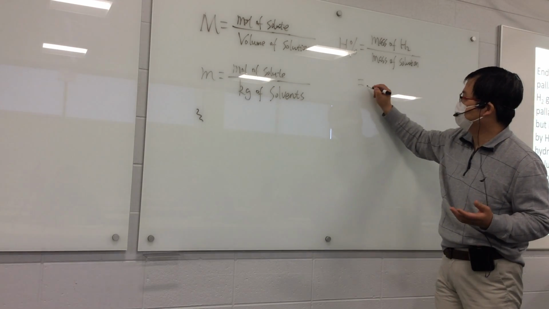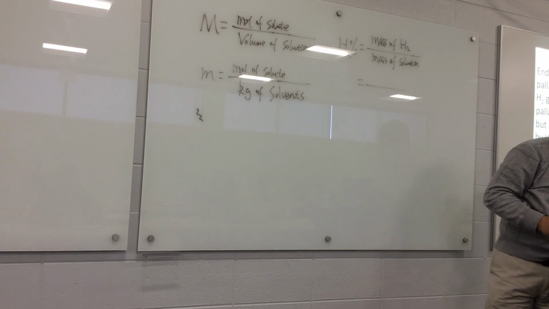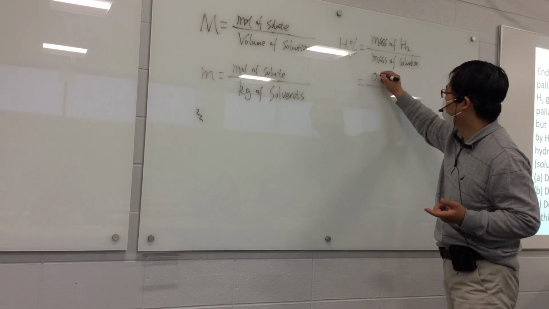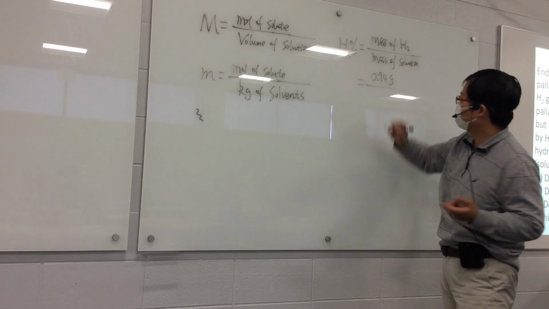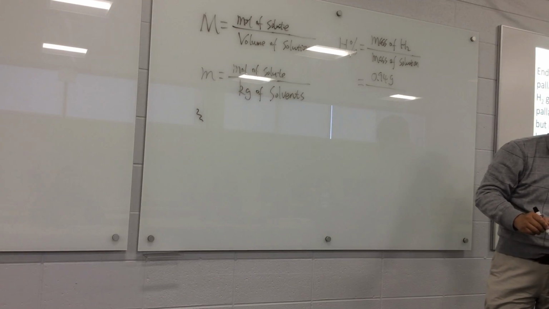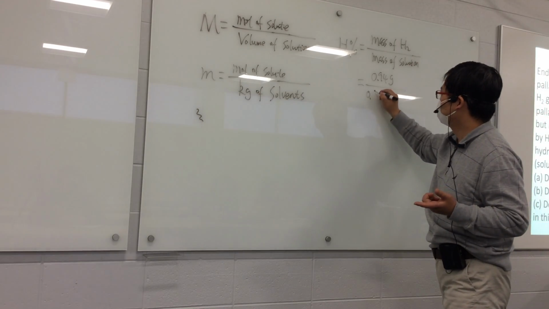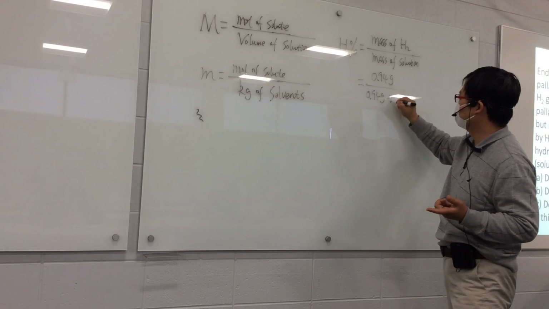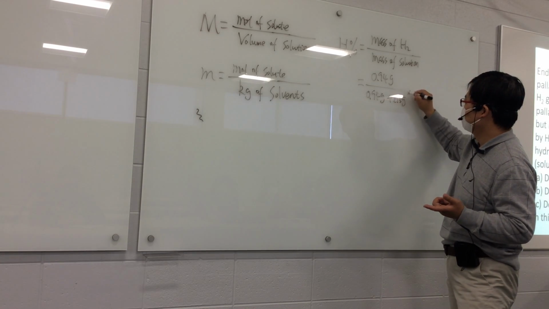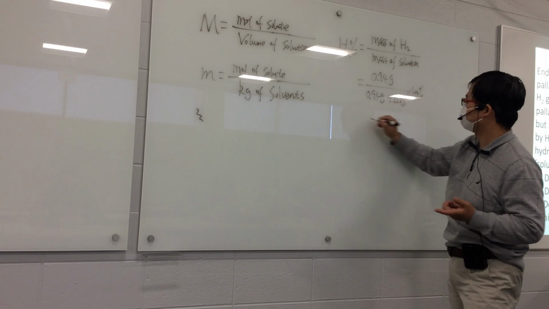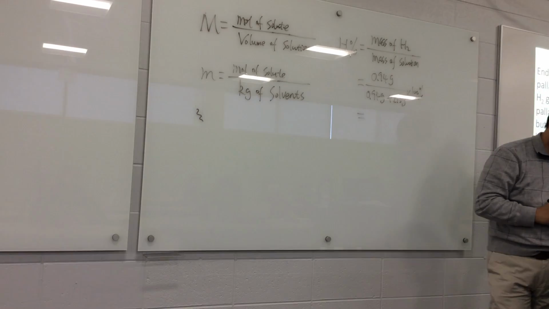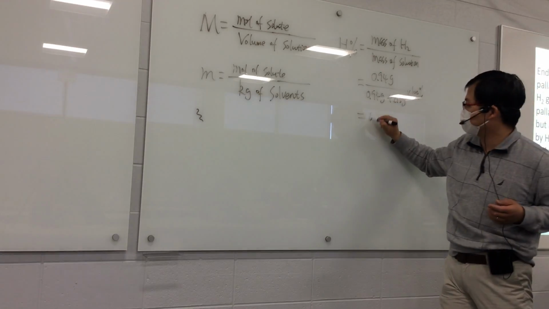Then we know the mass of hydrogen is 0.94 gram, and the mass of solution is 0.94 gram plus 215 gram, then times 100%. Then we get the percentage, 0.44%.